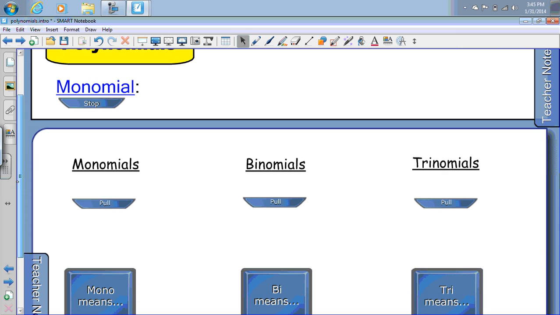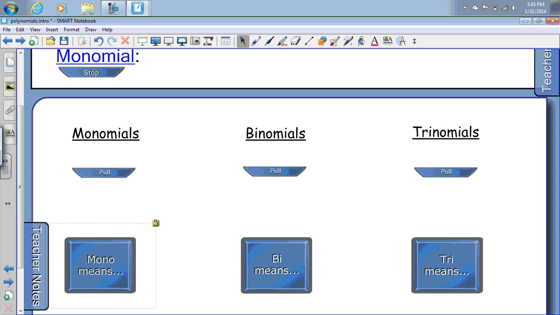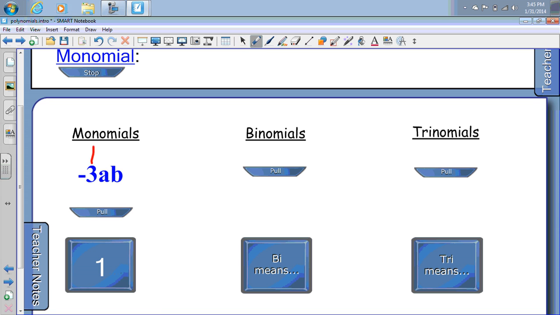Monomial. What does monomial mean? Mono means 1. So how many terms do you think we're going to have in a monomial? 1 term. Even though there's 3 different variables or numbers, it's still considered 1 term by itself. Bi means 2.